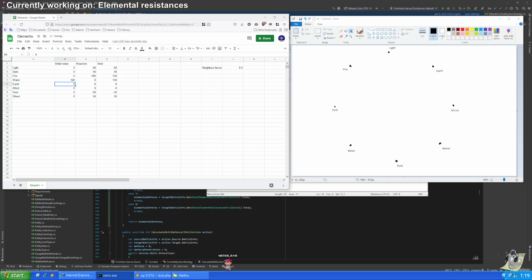Now water. Minus 100 fire. Okay. Then we should have 50 dark, 50 ghost, and plus 50, wait, and minus 50 soul and light, yes.